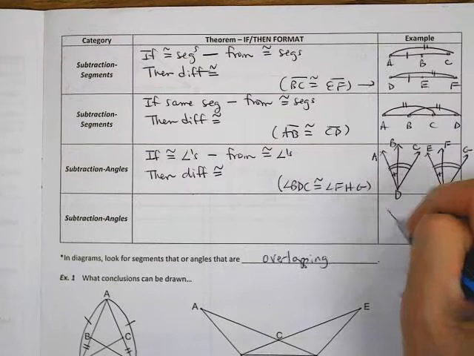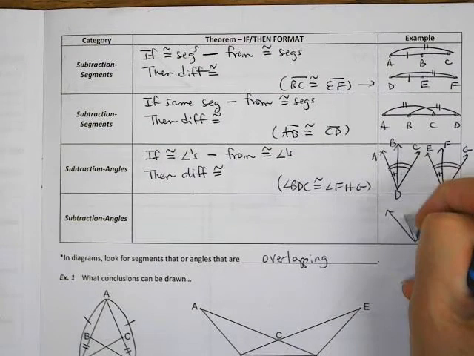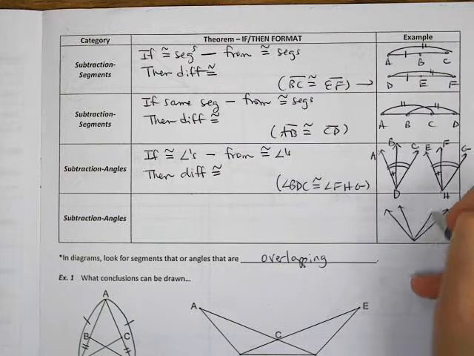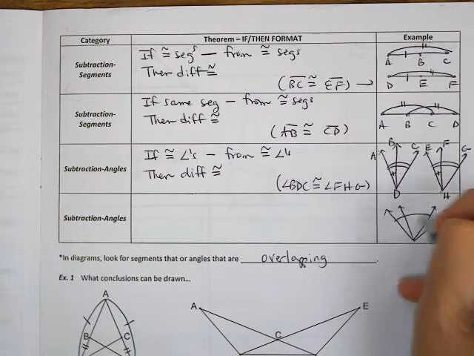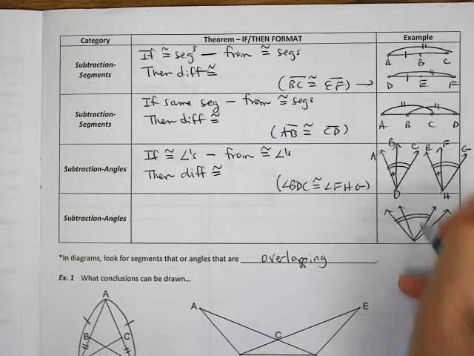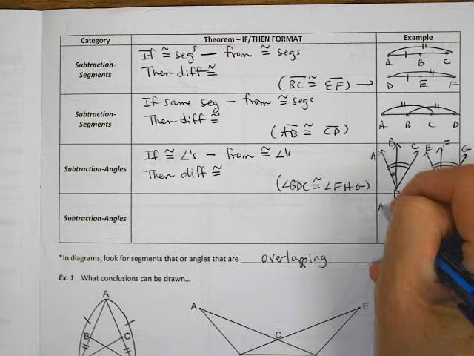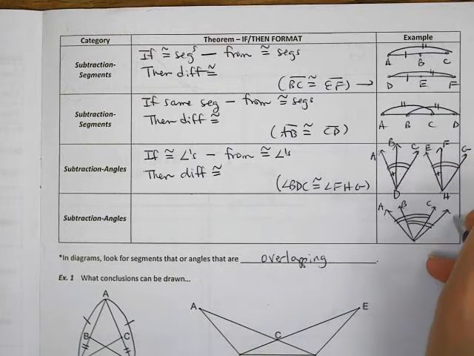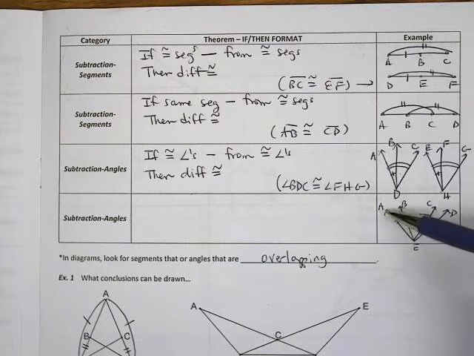So down here, draw yourselves a big angle, and then let's cut two little pieces off on the side. Let's say this big angle is congruent to this big angle. Let's label this A, B, C, D, and E. So I'm starting with saying that angle AEC is congruent to angle BED.